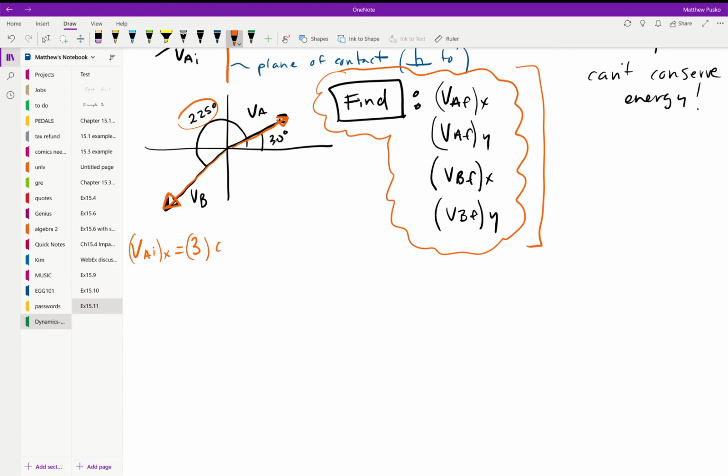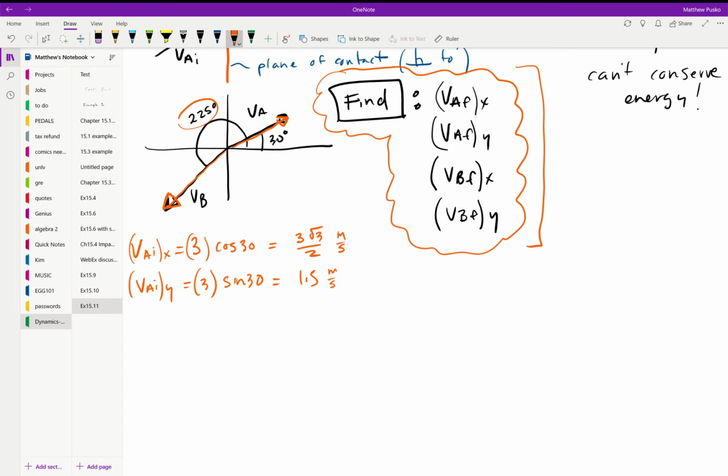That gives me 3 root 3 over 2 meters per second. For the velocity of A initially in the y direction, we'll do the same thing with the sine of 30, and that gives me 1.5 meters per second.